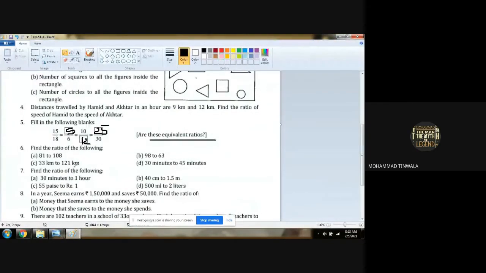Who will read this question 6? Sir, yeah, Muhammad Fazil. Speak, son. Find the ratio of the following. What word is this? Are you awake or sleeping?